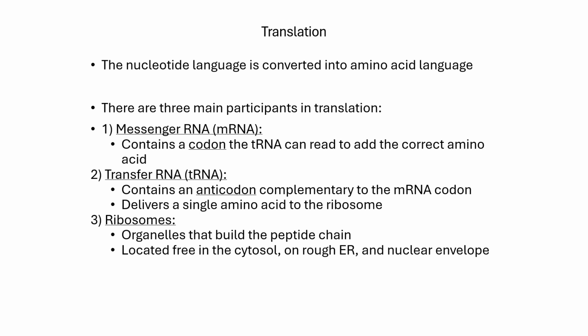The transfer RNA will then go and fetch the correct amino acid and add to the protein chain. So the transfer RNA has got anti-codons which will recognize the codon, and then it goes and selects the correct amino acids. So the assembly of protein occurs in the ribosomes, and this is the process of translation.